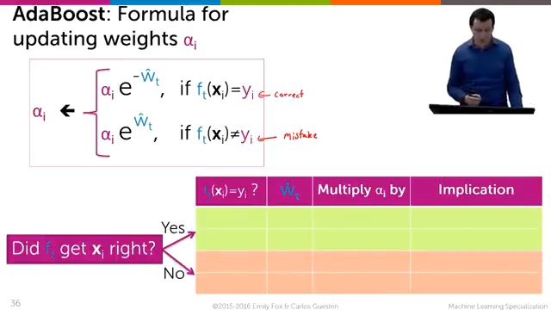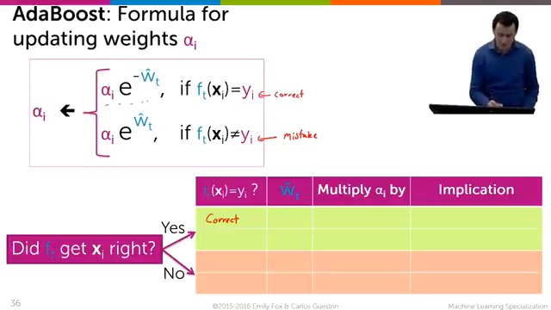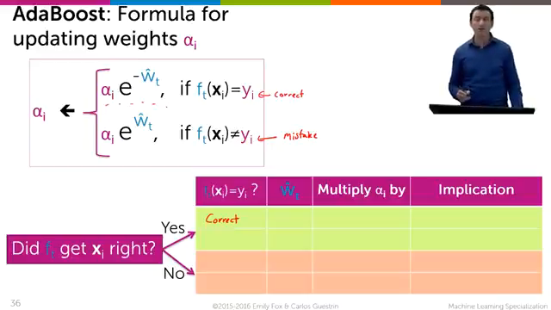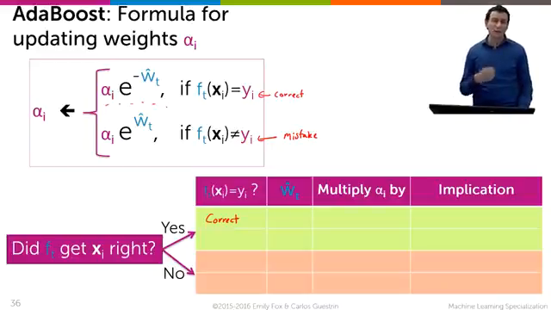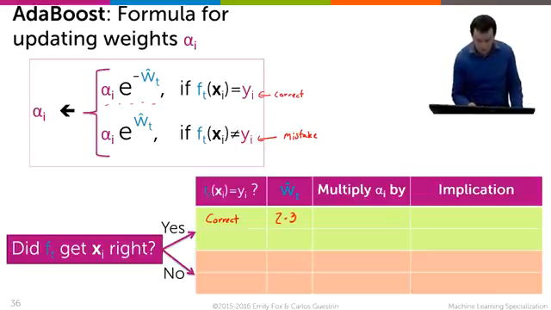So let's take one x_i, and let's suppose that we got it correct. So we're in the top line here, and notice that this equation depends on whatever coefficient we assign to this classifier. So if the classifier was good, we're going to change the weights more, but if the classifier was terrible, we're going to change the weights less. So let's say that the classifier was good, and we gave it weight 2.3. So we're looking at that formula, and we're multiplying alpha_i by e to the minus w hat t, which is 2.3.